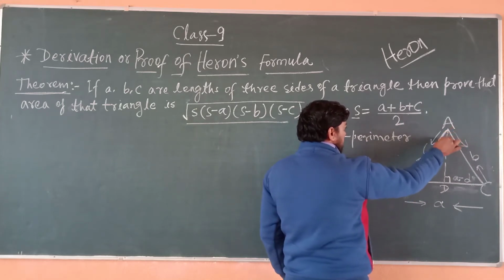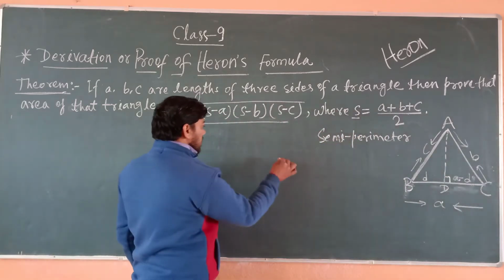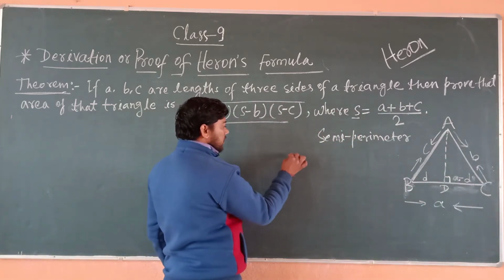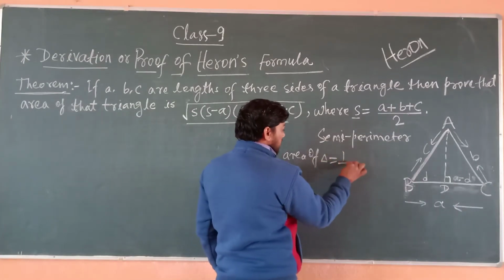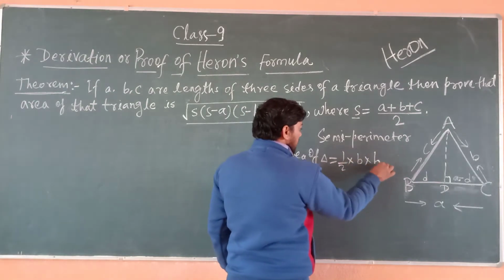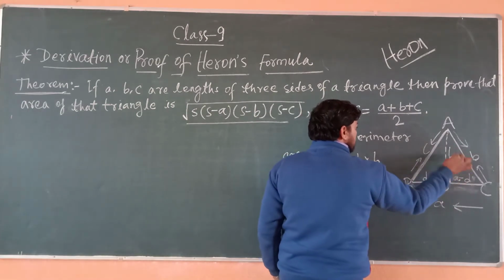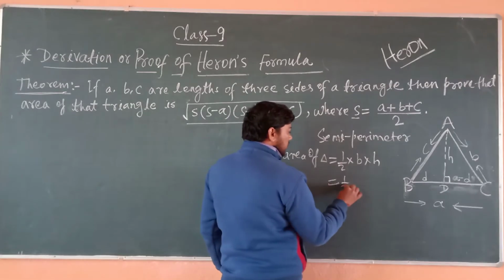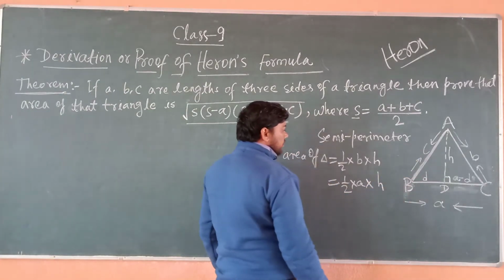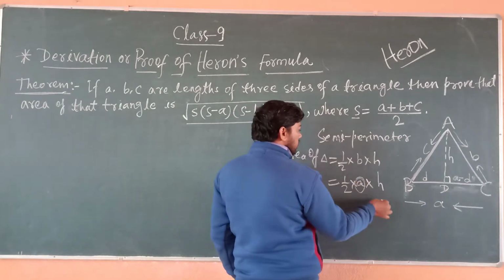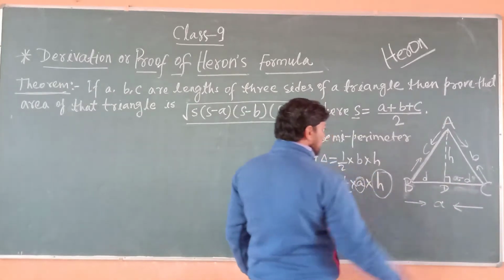We know already the area of a triangle if base and height are given: area of a triangle is 1 upon 2 into base into height. So AD is the altitude, it is known as height. 1 upon 2, base is a and height is h. But what is the length of a and what is the length of height, or length of AD?